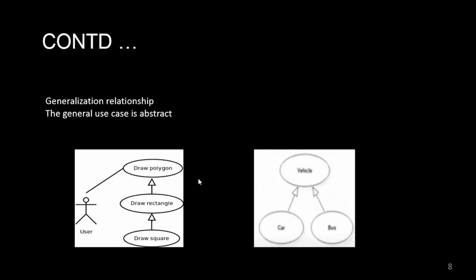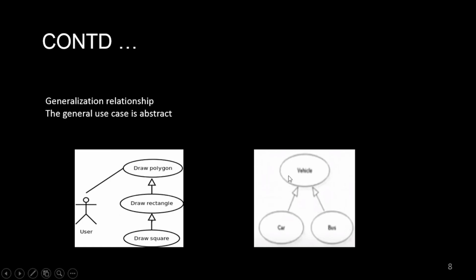This is an example of generalization relationship. Similarly, a generalization relationship exists between draw rectangle and draw square use cases. And this generalization relationship is shown by this solid arrow here.